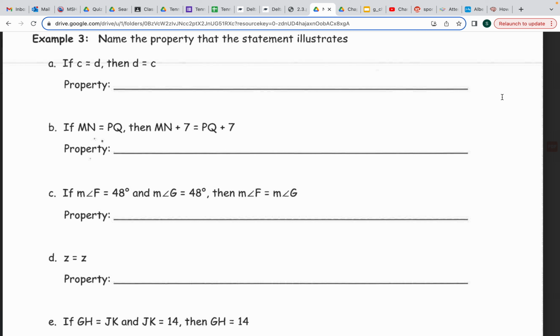Not symmetric. What do you think, Tanner? Yeah, this would be an example of transitive, because this is saying the same thing as if A equals B and B equals C, then A equals C. So this is transitive property.